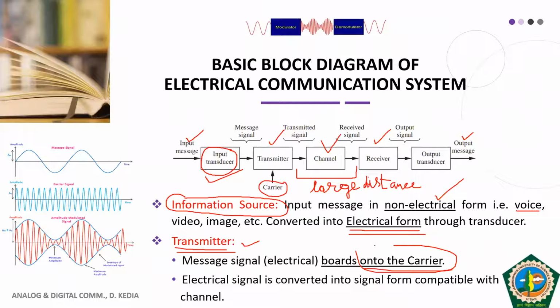The way you sit inside a bus, like if you have to go to Delhi, you go to the bus stand and sit inside the bus, meaning you are boarding a bus, which is a carrier. Similarly, your transmitter boards your message signal onto the carrier, that is electrical. That was the purpose of the transmitter.